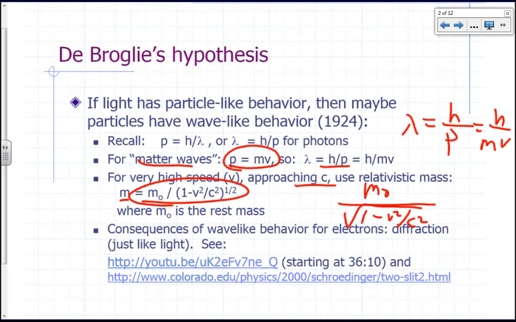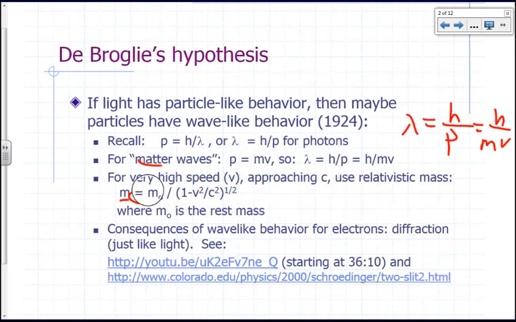Consequences of wave-like behavior would be things like diffraction, just like light. And there's a very great video. I think this is the best one I've ever seen about wave-particle duality and introduction to quantum mechanics, and this one's from Yale. So I'd like for you to look at that first.